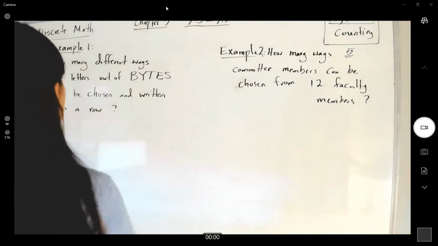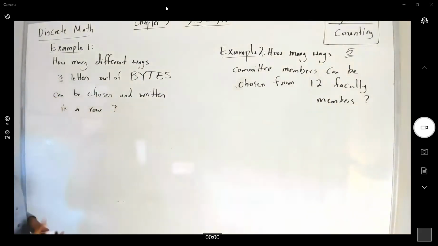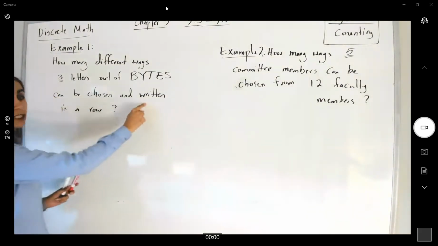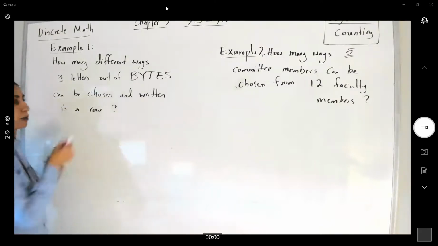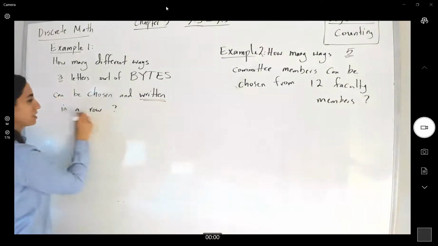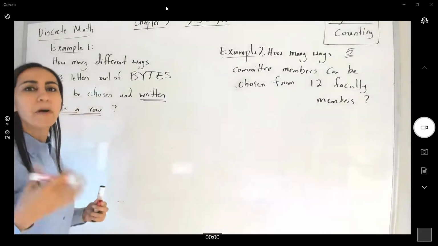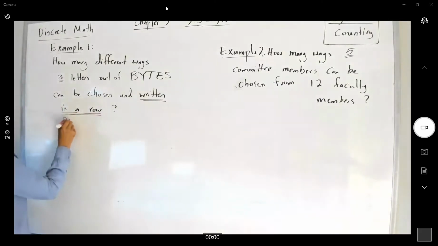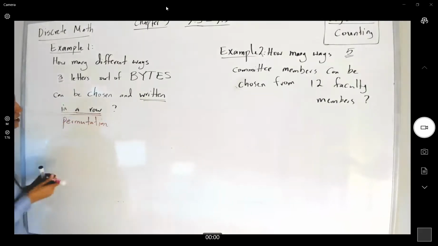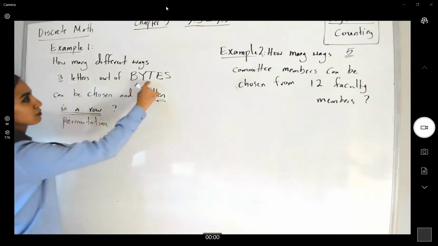Very well. Since the keyword here is written in a row, it means that it's referring to permutation. So, 1, 2, 3, 4, 5.